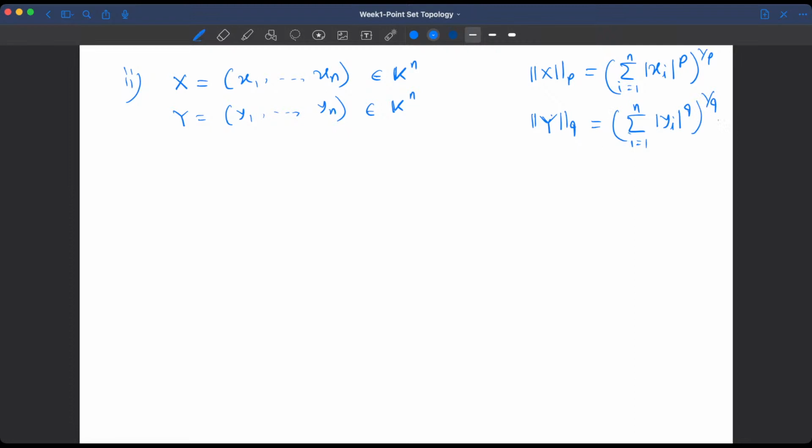Now we need to show, if I just replace this thing, it is saying the sum of |xi yi|, i equal to 1 to n, is less than or equal to the p norm times the q norm, right? But this is nothing but the inner product of x and y, and like the modulus of that thing, not exactly the inner product.